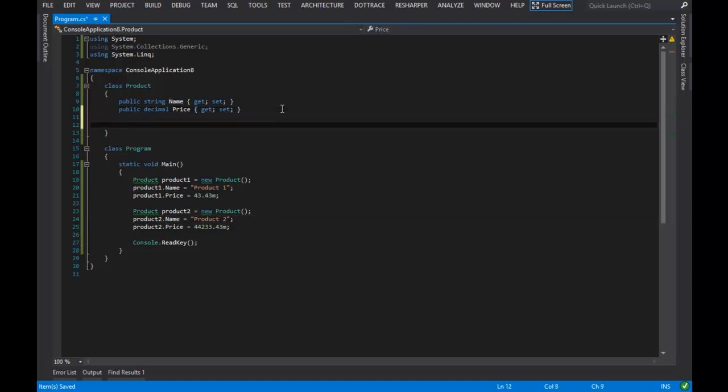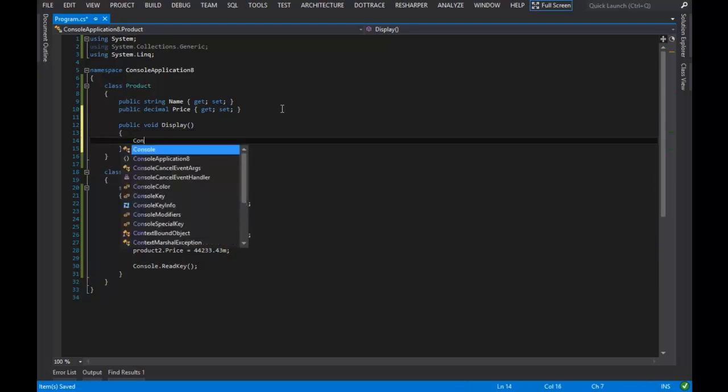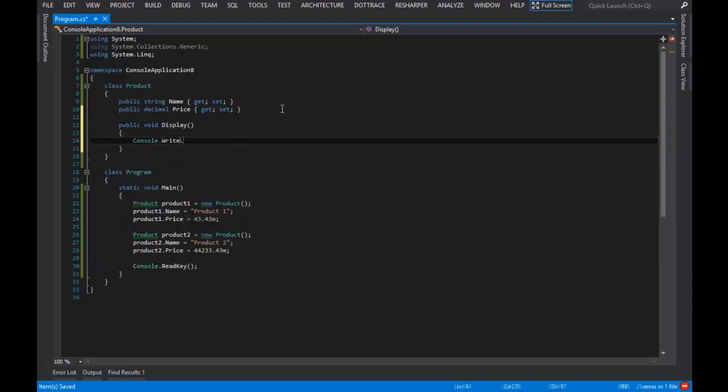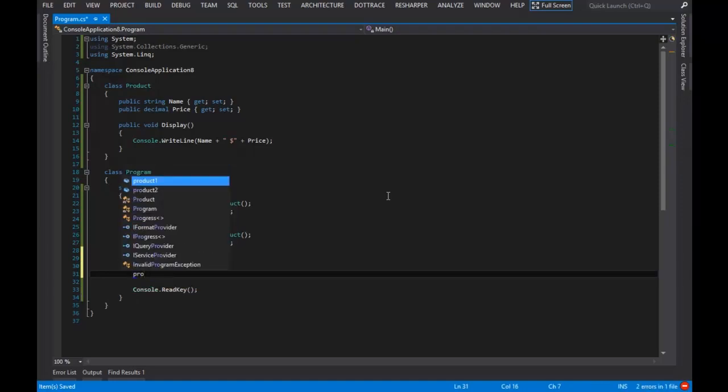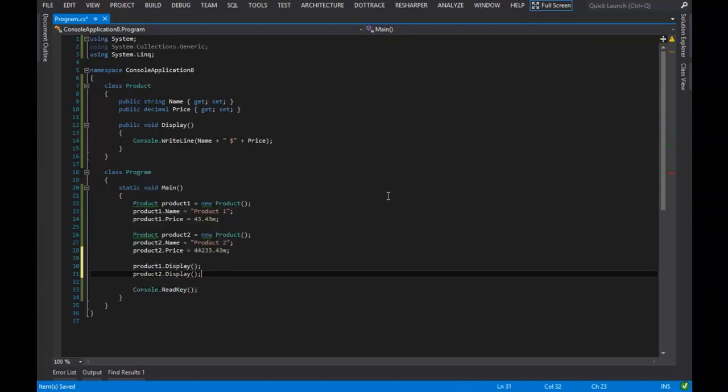The same goes for if I did public void display and said console writeline name plus price. This is an instance method, meaning this method is owned by both of the objects of the type that I'm creating.